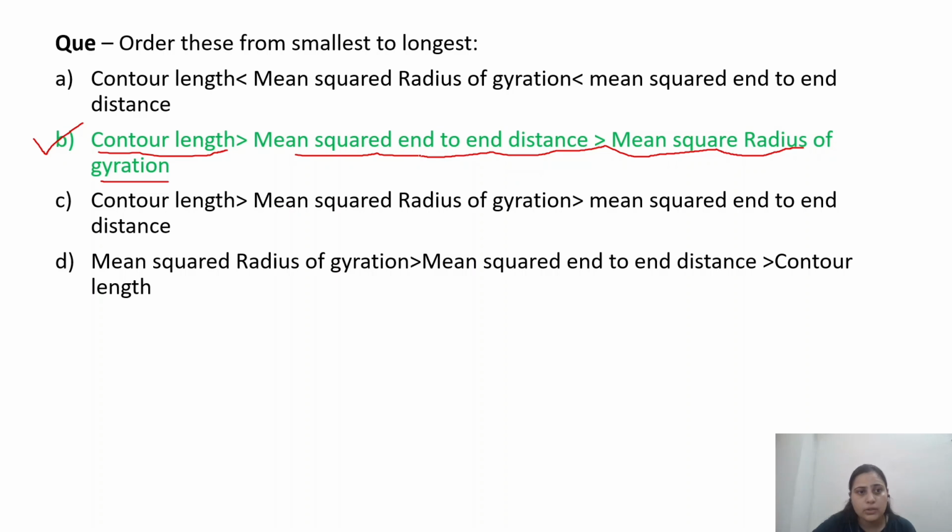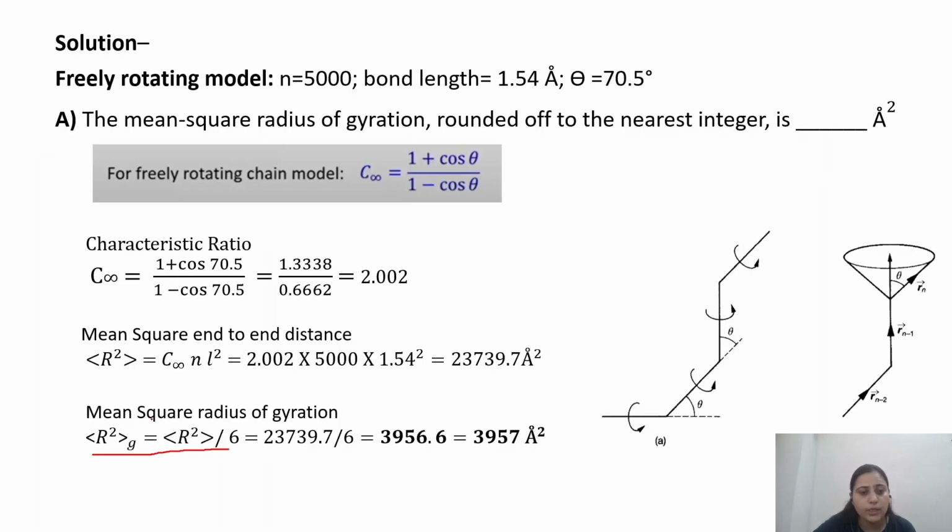For calculating the radius of gyration we need the mean square end-to-end distance, and for calculating that we need the characteristic ratio value, n, which is already given as 5000 in the question, and L squared, where L is also given in the question, 1.54 angstrom.